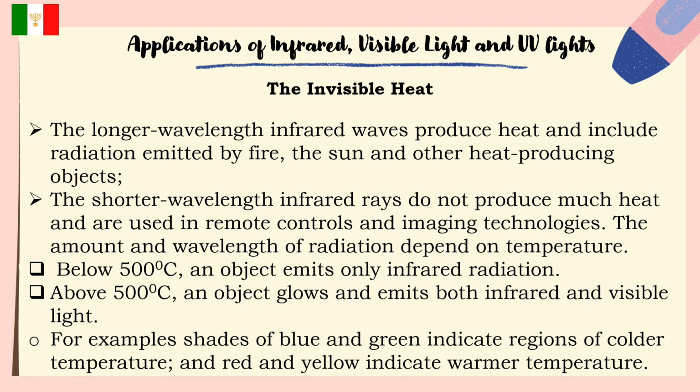Above 500 degrees Celsius, an object glows and emits both infrared and visible light. The difference in color determines the differences in temperature. For example, shades of blue and green indicate regions of colder temperature, and red and yellow indicate warmer temperature.